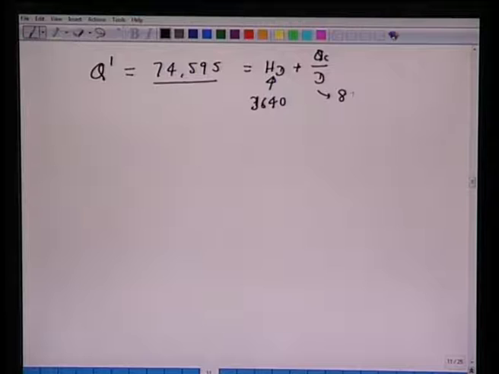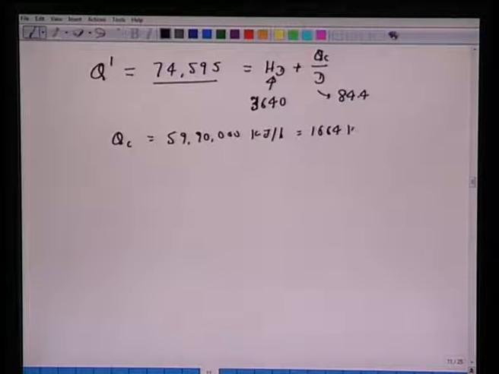D we have 84.4 kilomole per hour. So by putting all this number, one can calculate QC as 5,990,000 kilojoule per hour, or this is 1664 kilowatt.